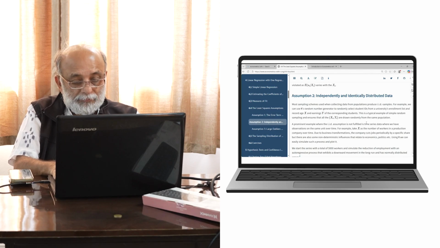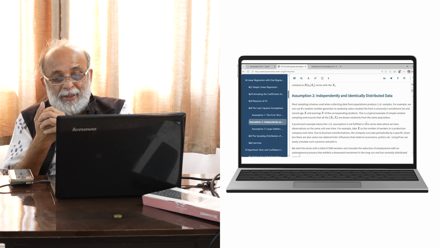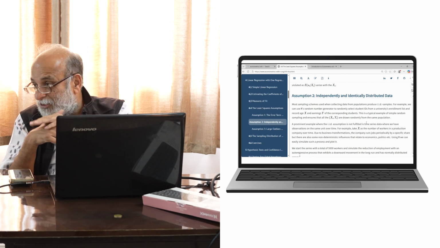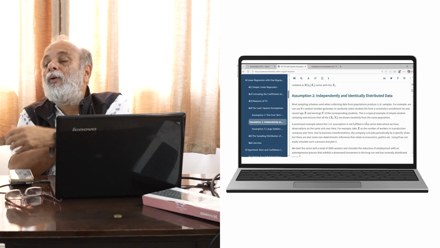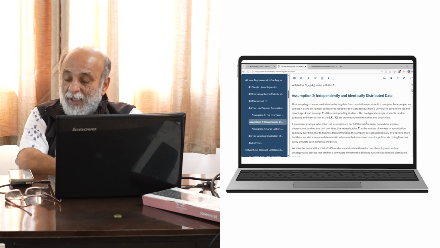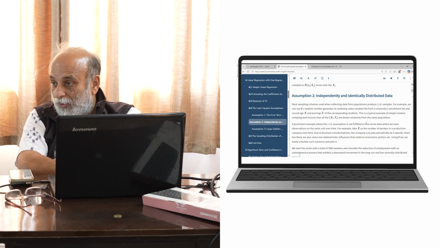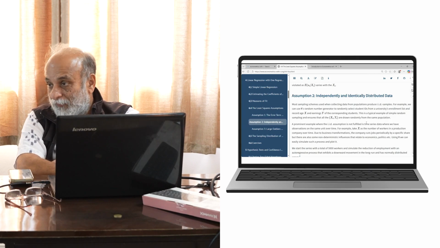Now the second assumption is that all the data are identically and independently distributed. What is the idea? You want to test the relationship between income of a household and their expenditure on education in Pune.